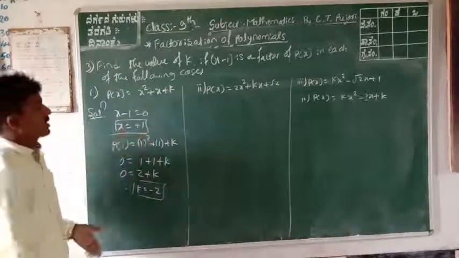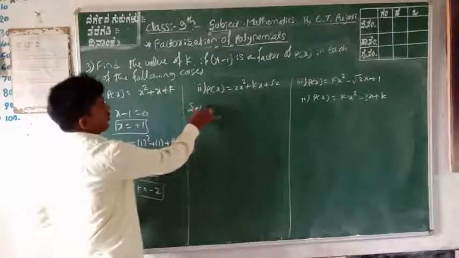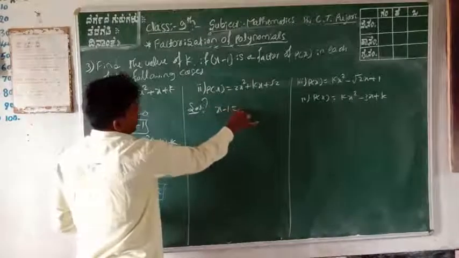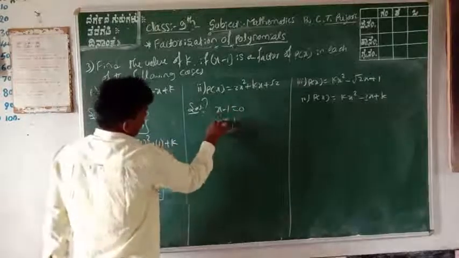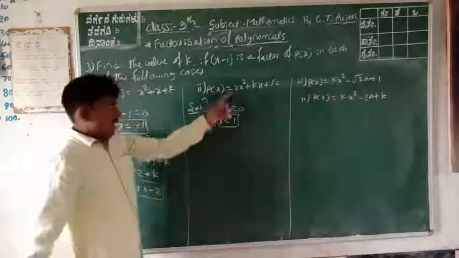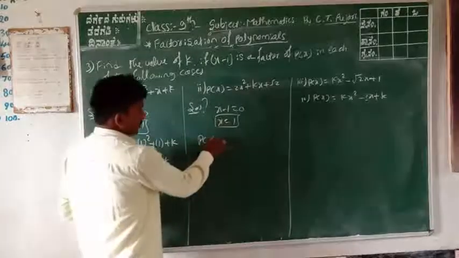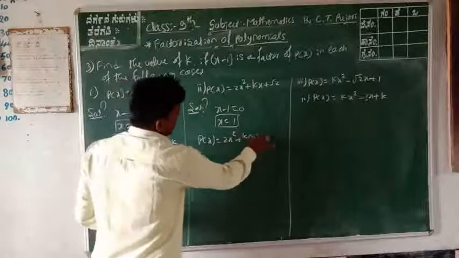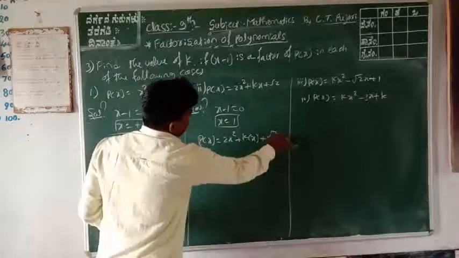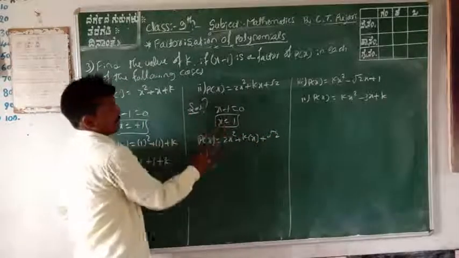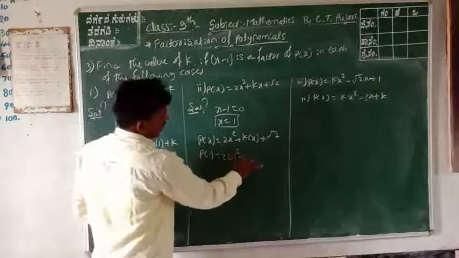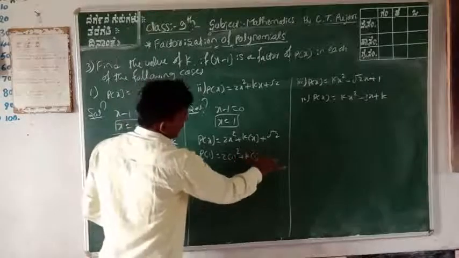Again, the same in the second one. The solution is again the condition x minus 1 equal to 0, so x equal to plus 1. Consider p of x is equal to 2x squared plus kx plus root 2. Take the x value: p of 1 is equal to 2 into 1 squared plus k into 1 plus root 2.